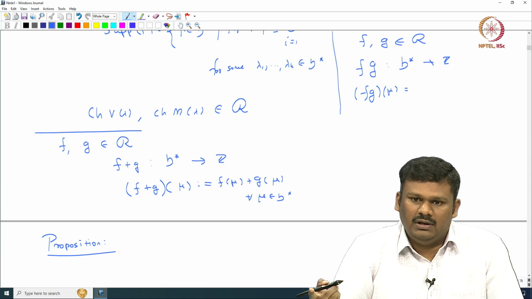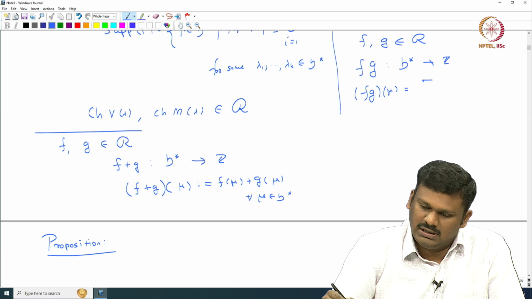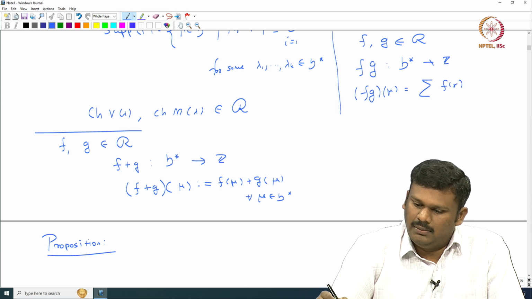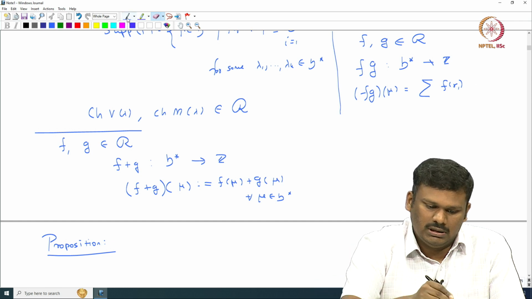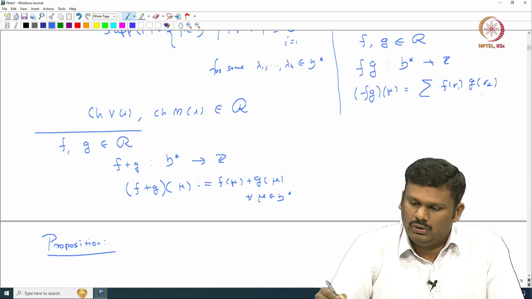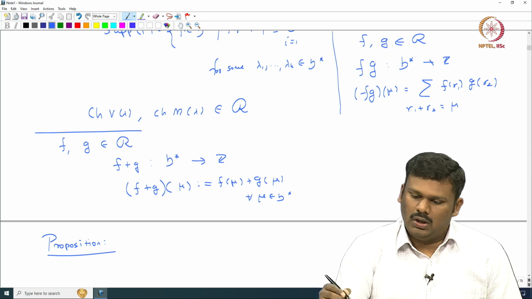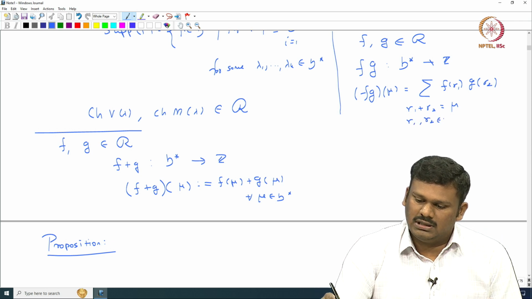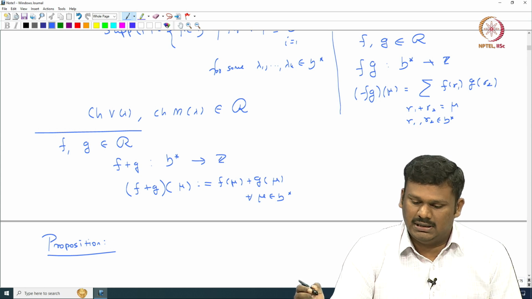Because of that product, we actually get a convolution product here. So, this is defined to be the summation of f of gamma 1 times g of gamma 2, where gamma 1 plus gamma 2 is mu. So, you take all possible gamma 1 and gamma 2 from h star such that gamma 1 plus gamma 2 is equal to mu. So, this is the convolution product that you define on this ring.